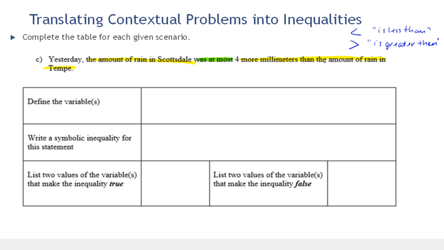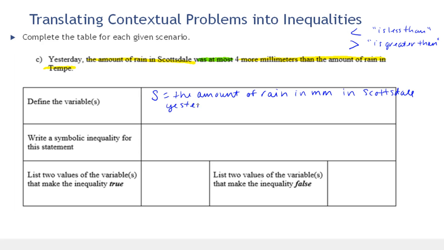So since we're measuring the same thing, rain in millimeters, I'm going to use S for Scottsdale and T for Tempe so I can remember which one is which. So S equals the amount of rain in millimeters in Scottsdale yesterday.